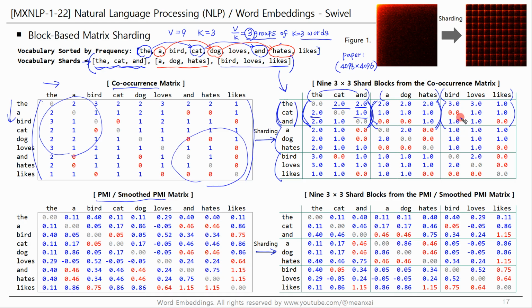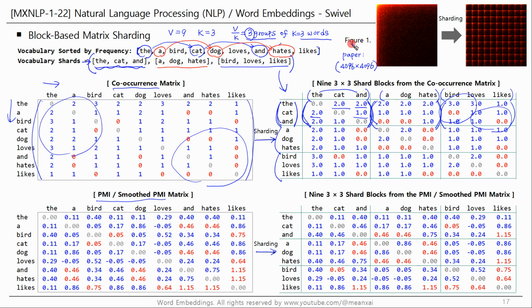After sharding, we still have a similar pattern within each block. This means that each shard becomes a relatively self-contained piece of the original matrix, with a more balanced amount of useful data. And this is important for efficient distributed training.